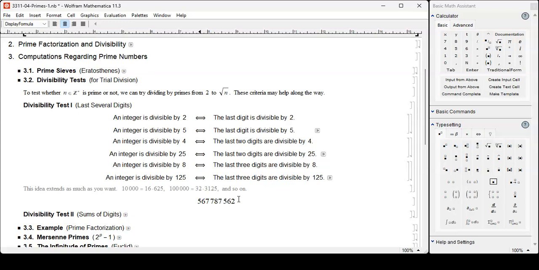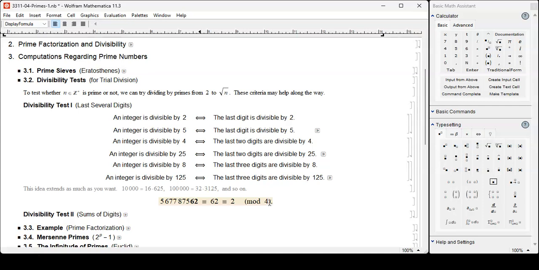I only have to test 78. 78 is not divisible by 4, right? 76 is divisible by 4, 4 times 19. So this one is not divisible by 4. It has remainder 2. You can test like that simply by looking at the last 2 digits.